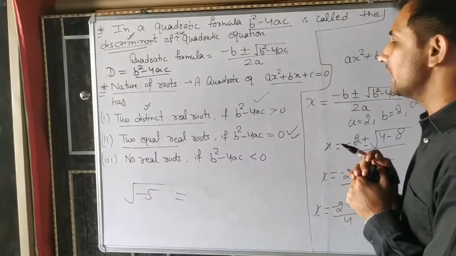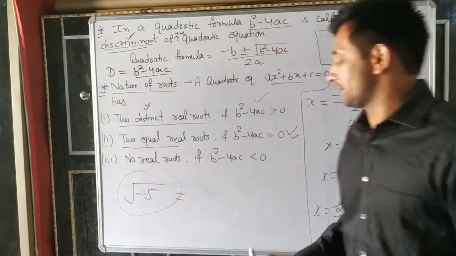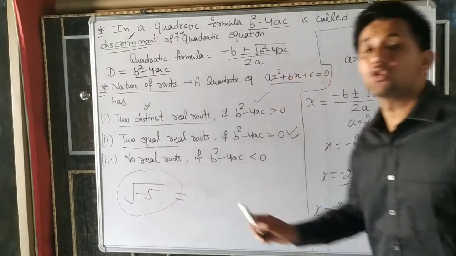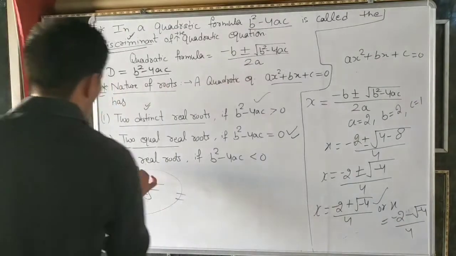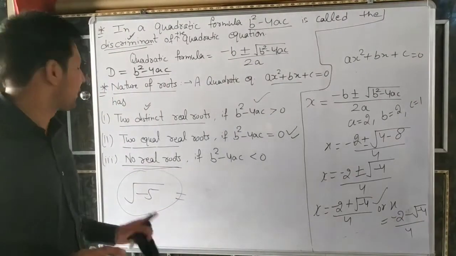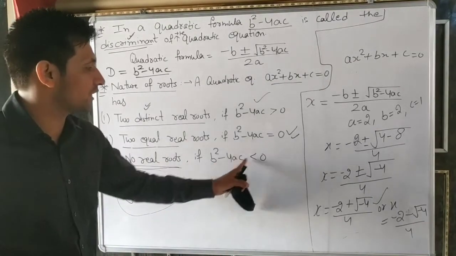So whenever you observe a minus number under the root, we will say there are no real roots. It becomes a complex number. So we say no real root if b square minus 4ac is less than 0.